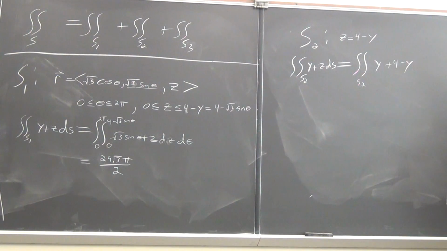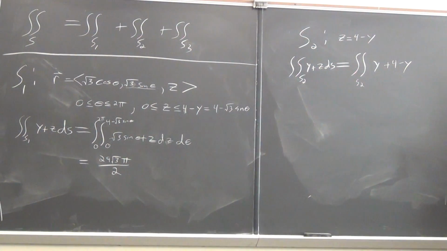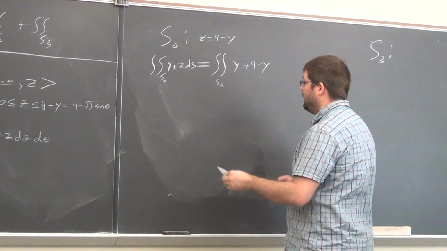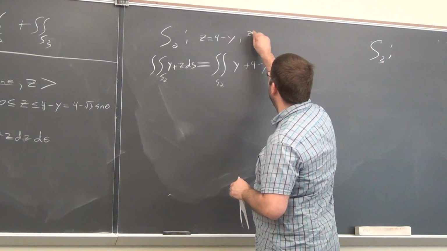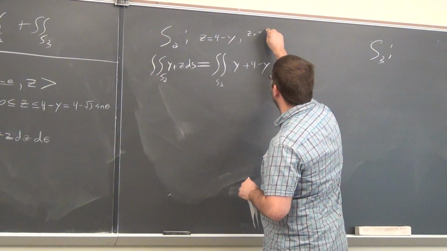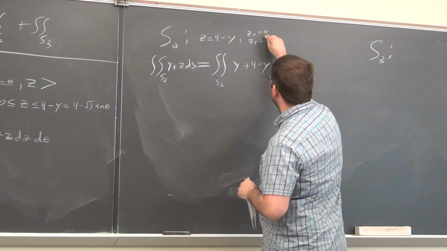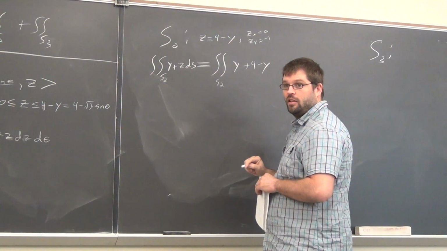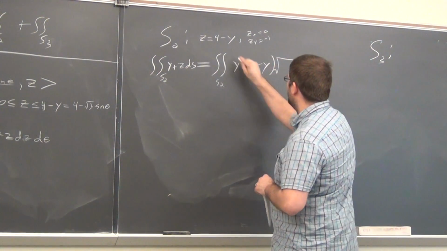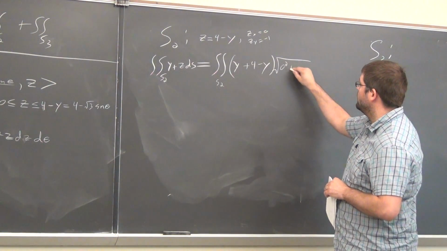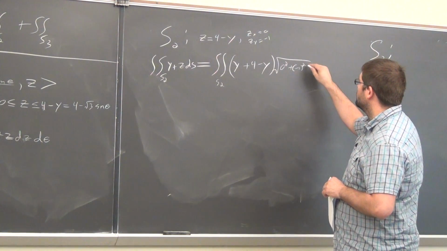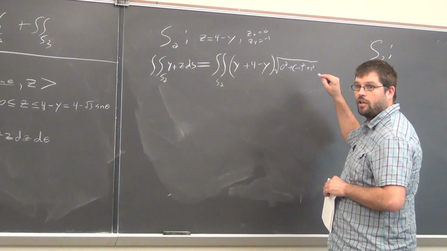You get this. And then I guess you could do, let's say, zx is 0, zy is -1, right? And so your bit that goes here is the square root of 0 squared plus -1 squared plus 1 squared, right? Okay.